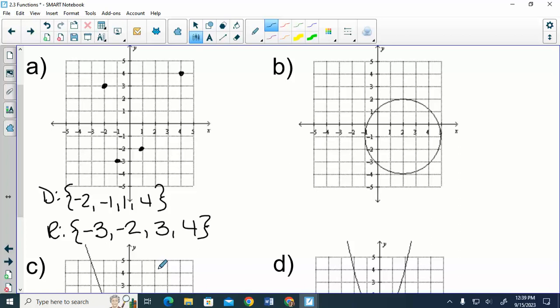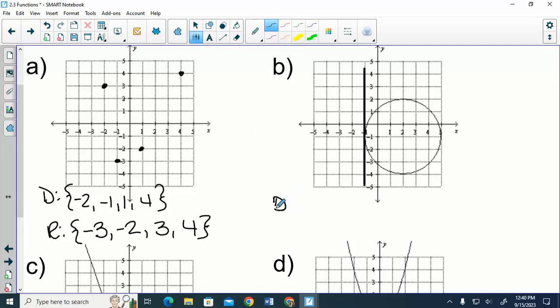If I want the domain of this, domain is your possible x values. So I always tell people think traveling along the x-axis, so we're going to go left to right. If I think of it as I have this line, as I'm moving it in from the left, what's the first place we hit an x value? At -1.